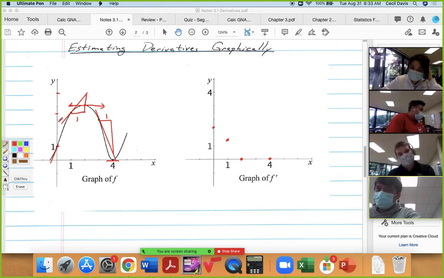So let's see. We'll say it's about negative 2.2. And then I just kind of stitch these together with a smooth curve. You don't want to make it bounce. You want to make it look something like that.